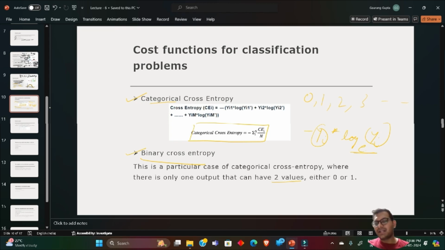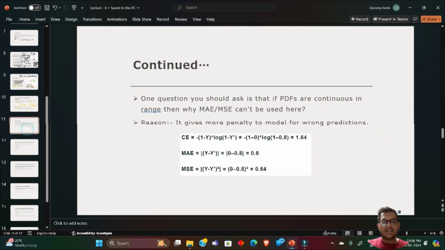So for every prediction it is added and the cross entropy is calculated. Now one question you can ask here is that the probability density functions which we discussed are continuous. PDFs are continuous. That is right. So why are we using categorical cross entropy or binary cross entropy?